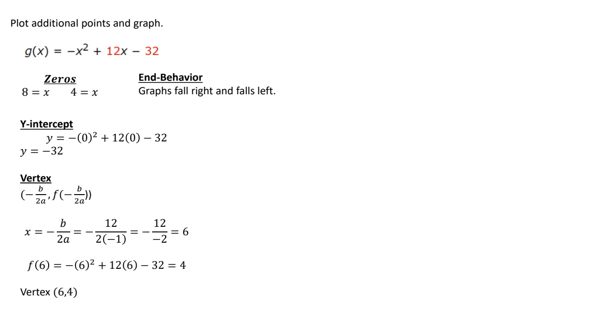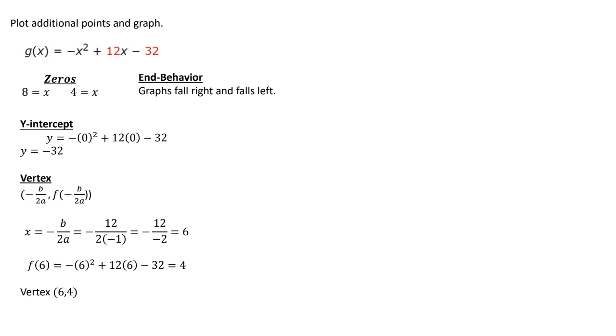Now let me find more points. Let me find the y-intercept. To find the y-intercept, I set x equal to 0, so everywhere I see x, I'll plug in 0. I get that y equals negative 32. We have an equation to find the vertex, or you could have completed the square also. In this case, we're just using the formulas we have learned.